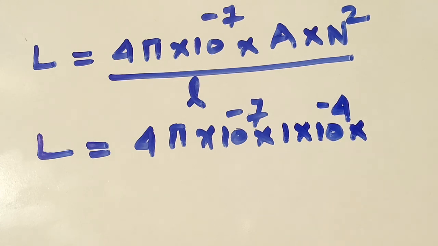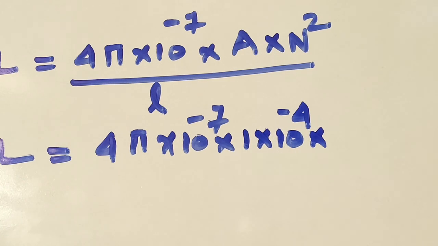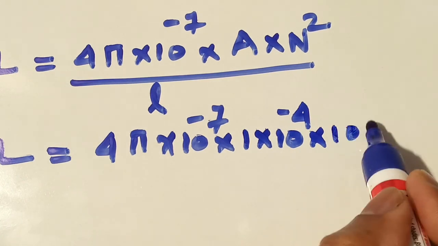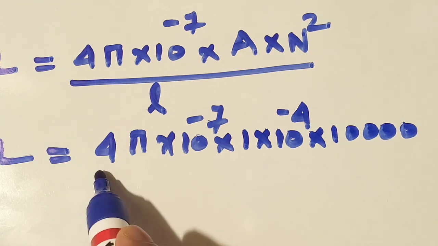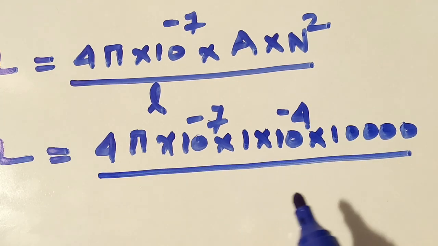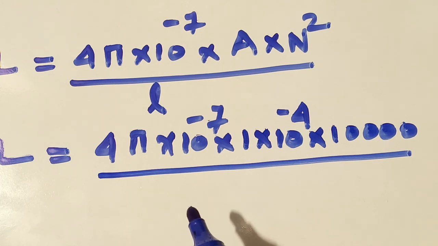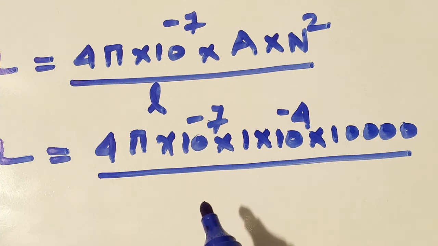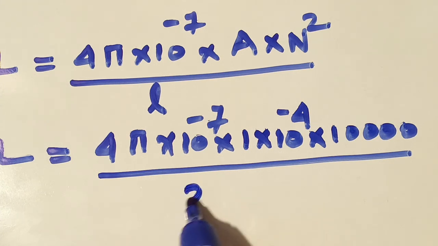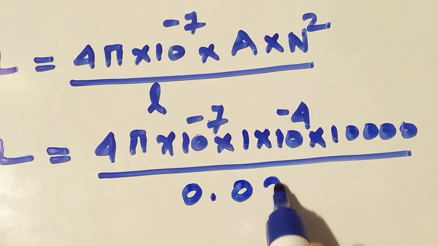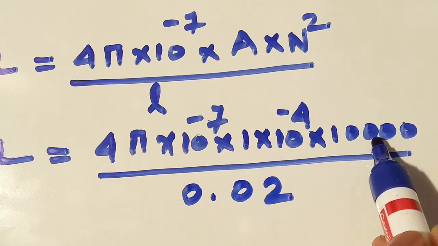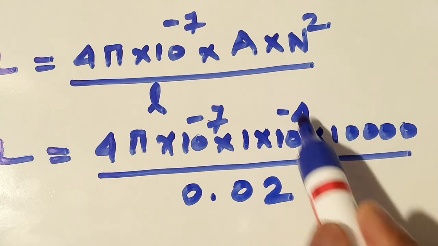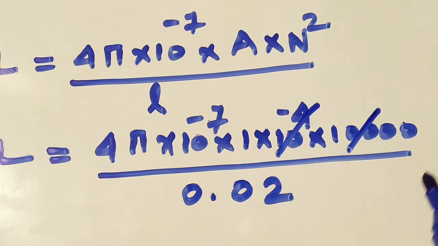N is given as 100, so we need the square of 100, that is 100 multiplied by 100, divided by the length of the inductor. L is given as 2 centimeter long, 2 centimeter equal to 0.02 meter. So this 10 to the power minus 4 and these two cancel.